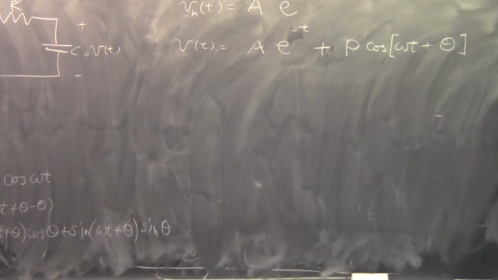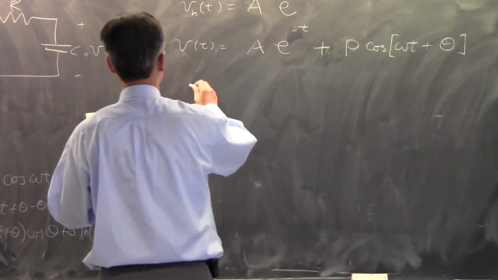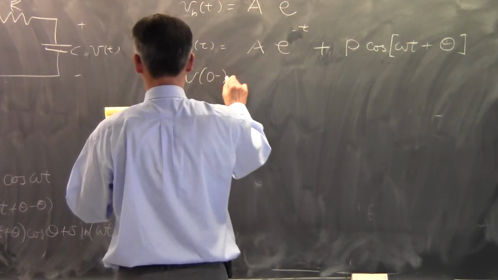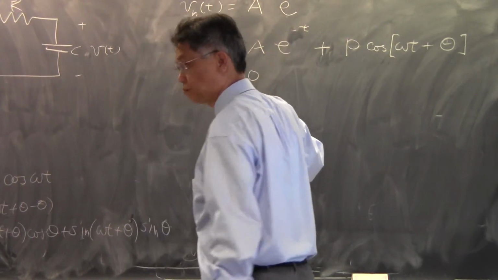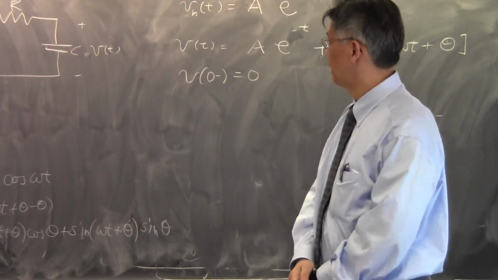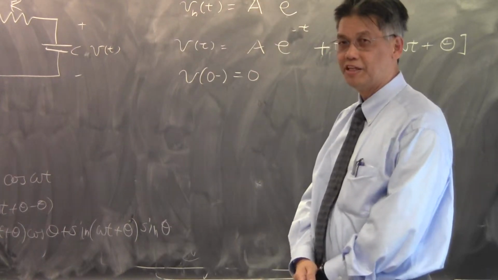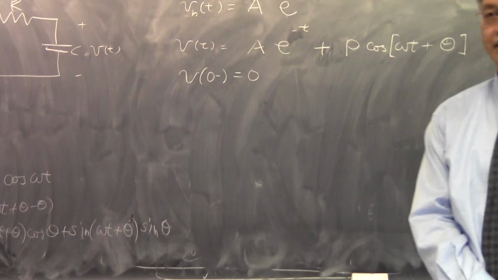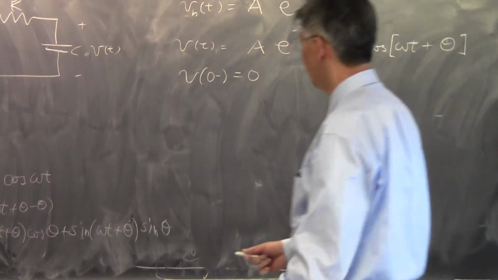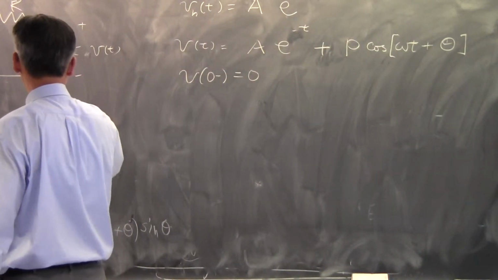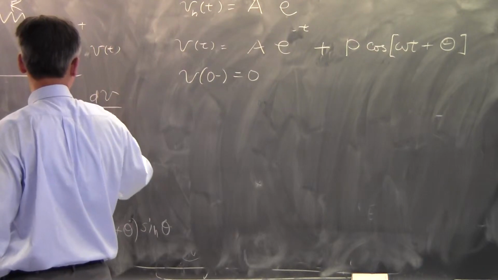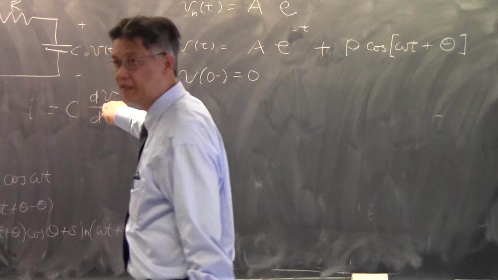The initial condition given for this problem is that v of 0 minus is equal to 0. But this is a capacitance problem. Can v really jump? Cannot. Because in the capacitor, I is going to be C dv dt. This cannot have a jump discontinuity.